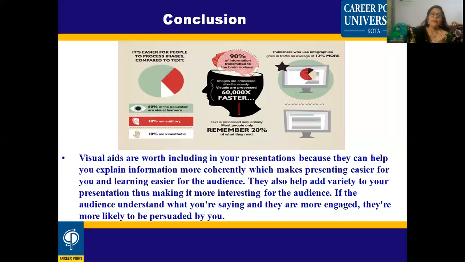If you wish to make your presentation an effective one, then obviously you should include certain visuals in your presentation.